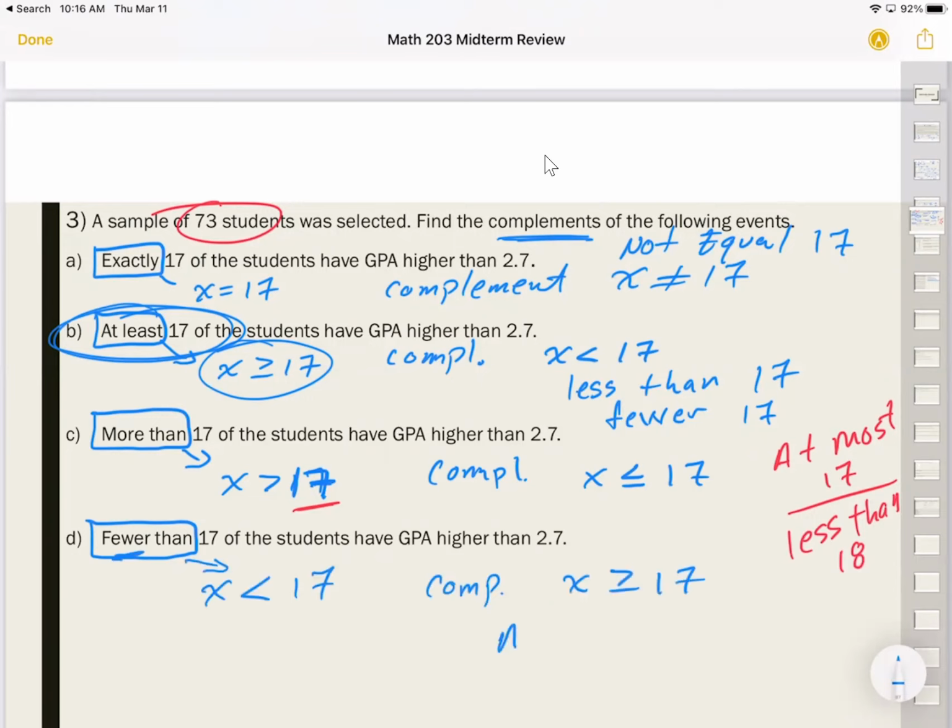Or at least 17, meaning 17 or greater, 17 or higher. So again, just think in terms of what is the description they give you, the complement has to include everything else.